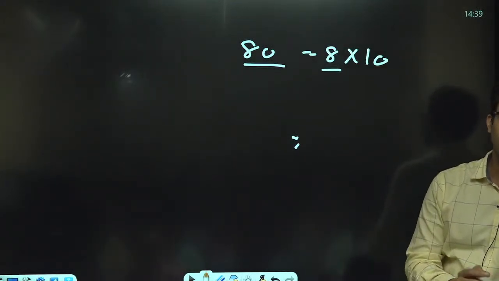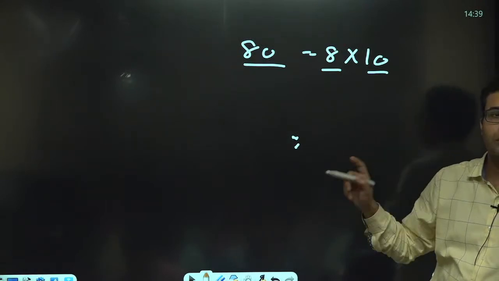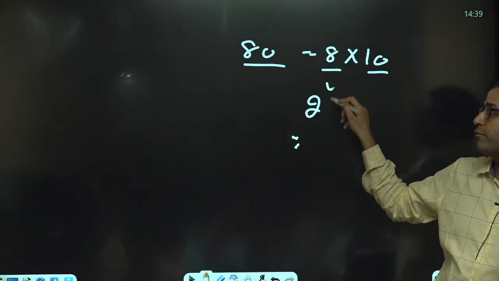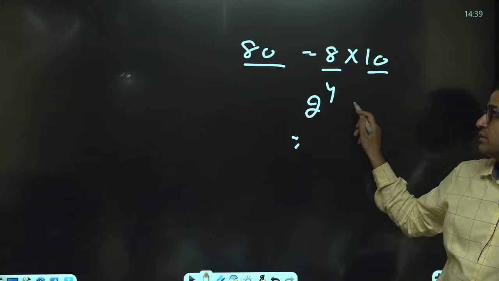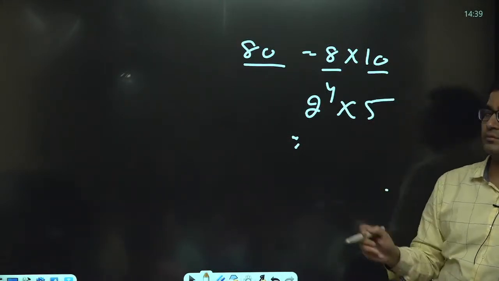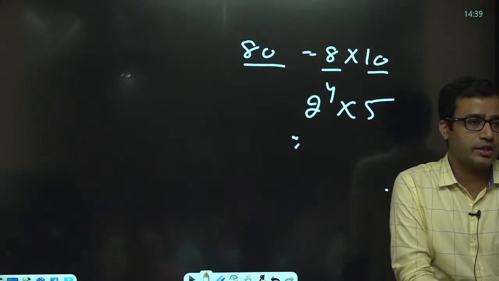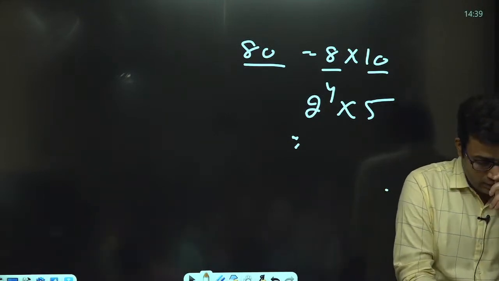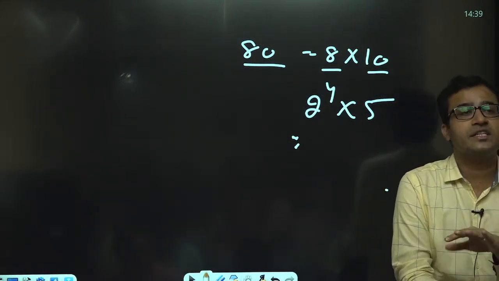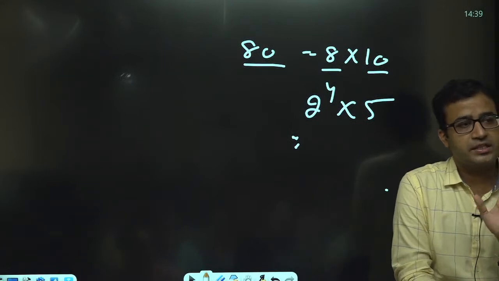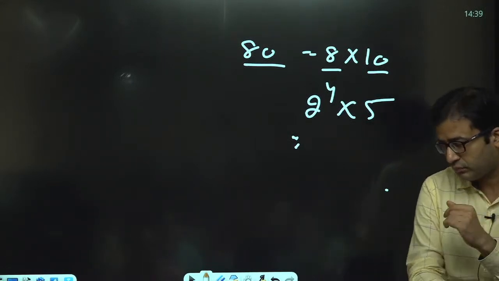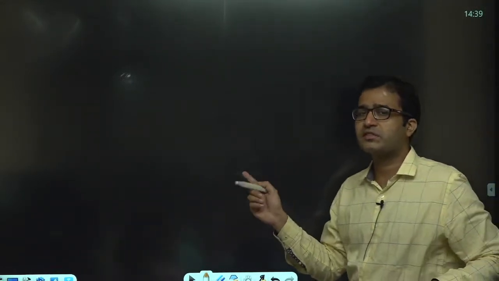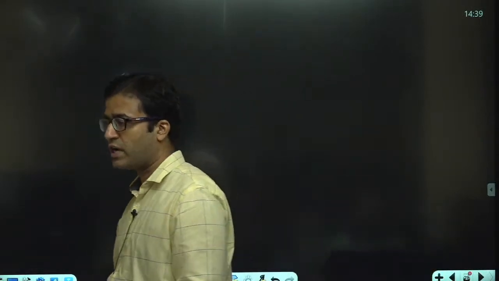It gives you 2 cube, but it will also give you 1 two. So 2 to the power 4, because 3 from here and 1 from here, and it will be 5. If you break it, you can check, or use the school method. So 80 is actually 16 into 5, 16 is 2 to the power 4, and 5. We will use this when we cover number of factors, which I have to take in the class.